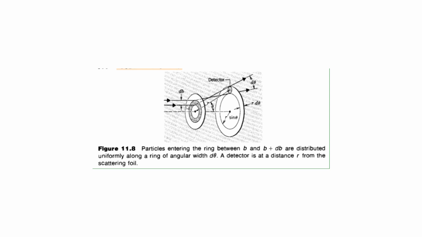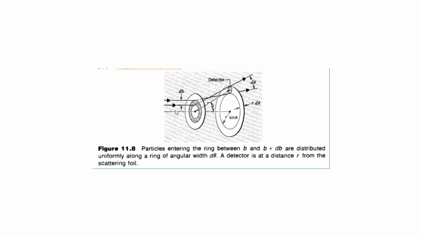Now those falling with impact parameter b would be scattered at a little bit larger angle compared to the ones falling in at b plus db, because the ones which are approaching closer to the nucleus will feel the impact more of nuclear forces, and they will be deflected at a little bit larger angle when compared to the ones which are falling at larger impact parameter.